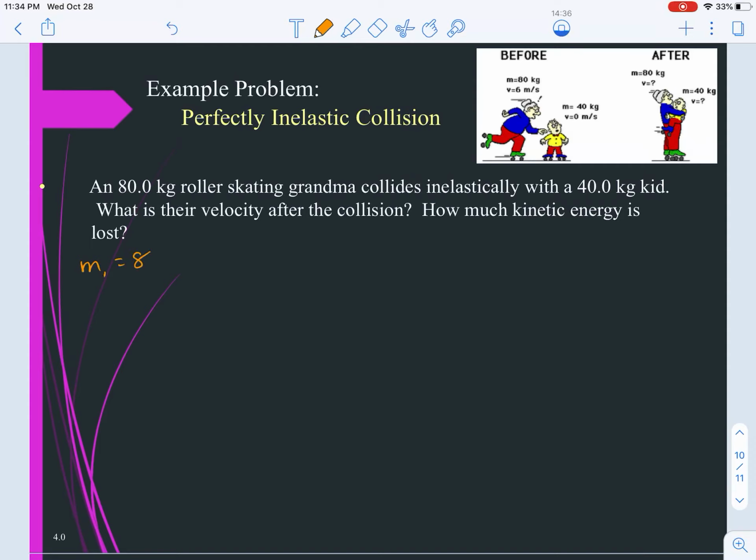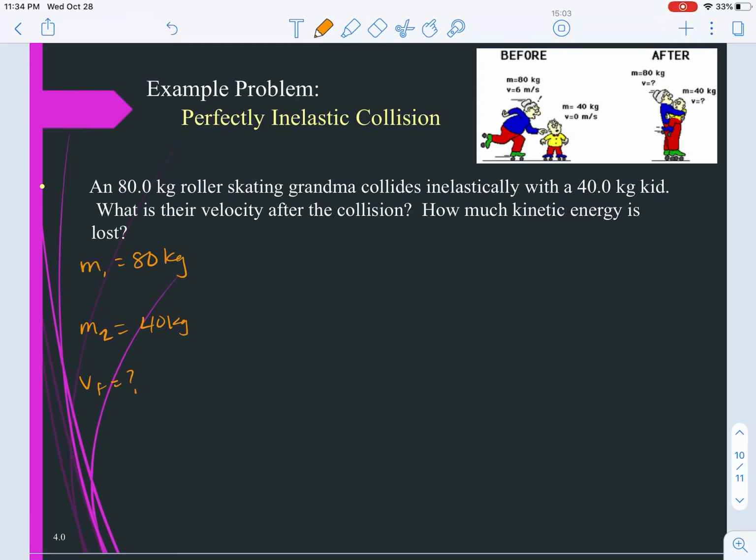So we have our grandma with a mass of 80 kilograms, and she is skating, and she is going to collide with a kid with a mass of 40 kilograms. What is their velocity after the collision?